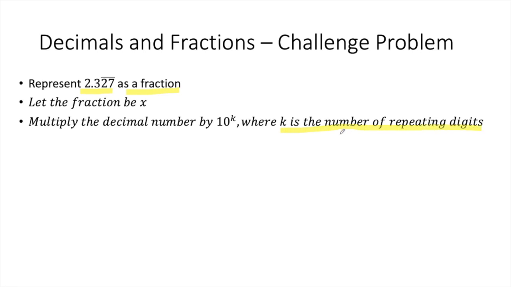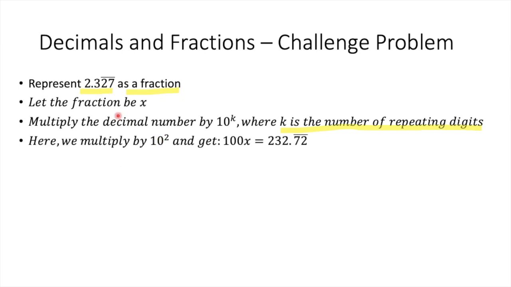A lot of students make a mistake here, and they would instead multiply this decimal by 10 to the power of 3 instead of 10 to the power of 2. Since there are only two recurring numbers in this decimal, that is 2 and 7, we will only multiply it by 100 and not by 1000, because the 3 is not recurring.